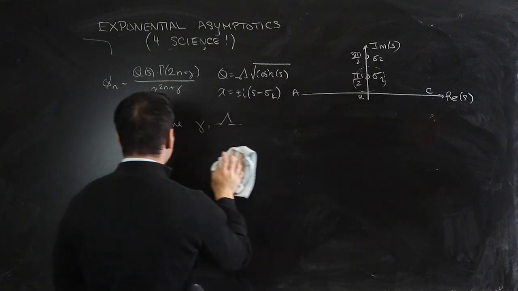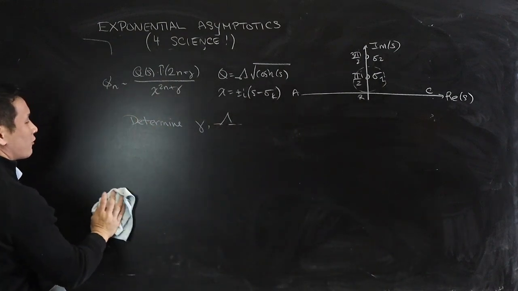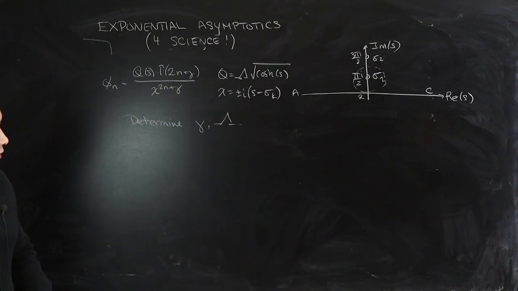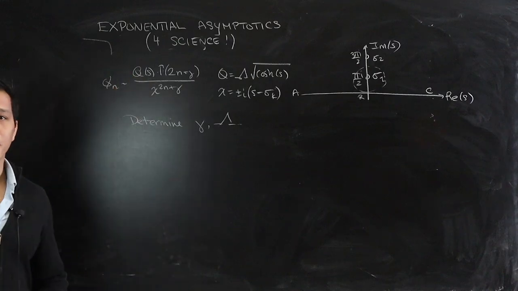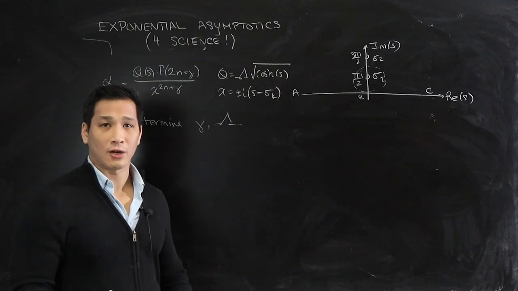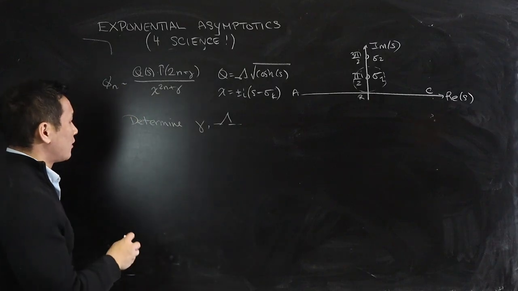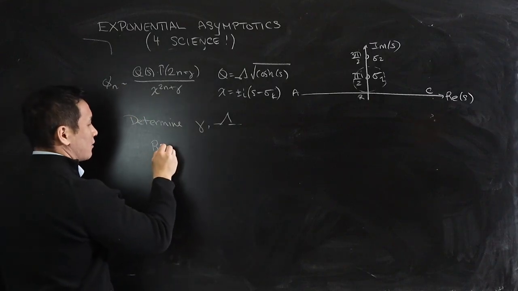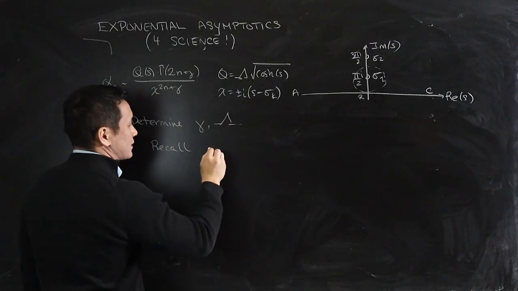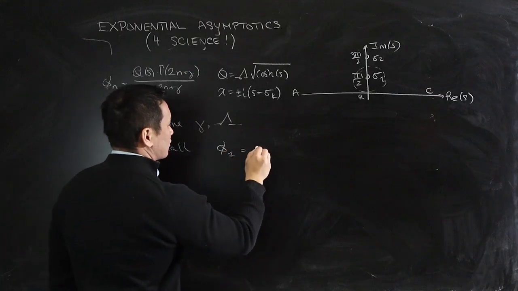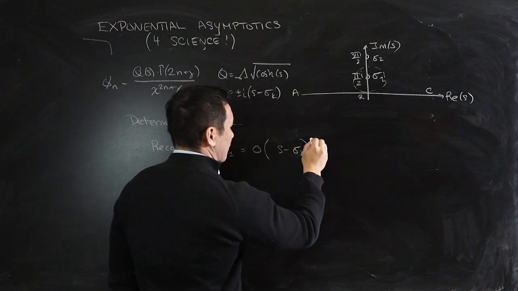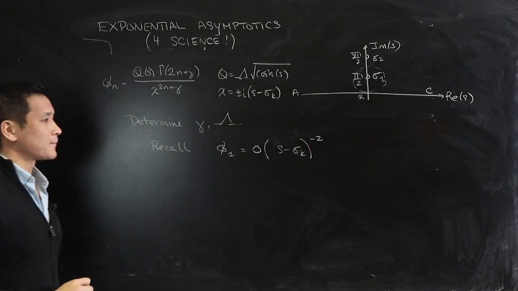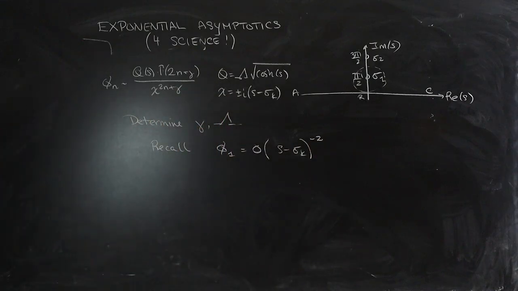Now, as we said before, gamma is the shift that you need in order for your late term ansatz to match the singularity that was generated at the early terms. So you'll remember that I said to you that phi 1 is actually of order s minus sigma k to the minus 2, right?